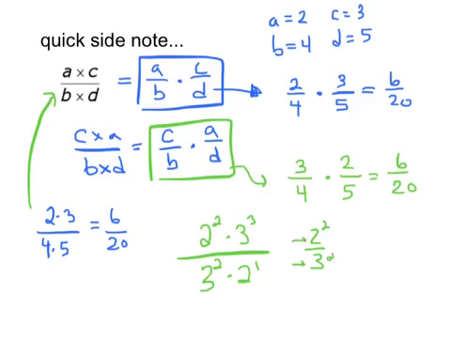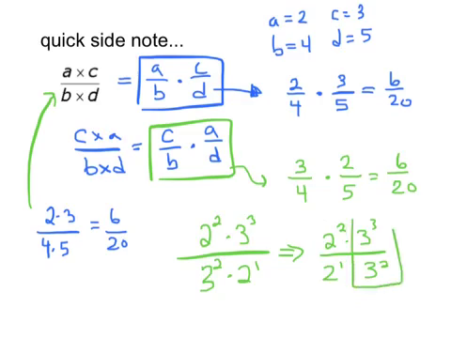And so if I manipulate these, I can rewrite this as 2 to the second power times 3 to the third power over 2 to the first power times 3 to the second power, and then I can use this idea of splitting fractions so that I can treat these as two different problems and then use my property that way.